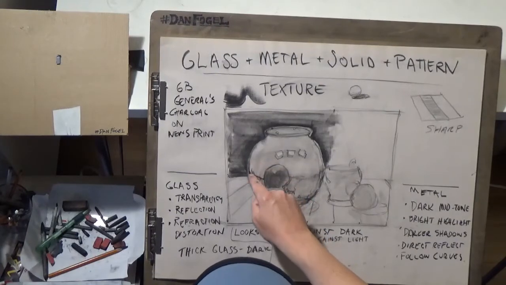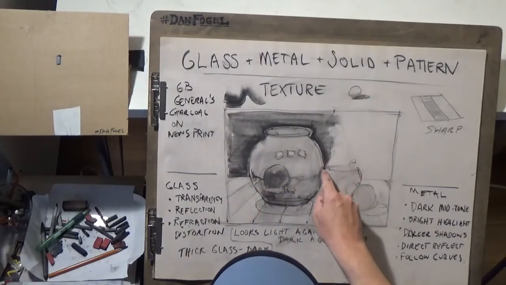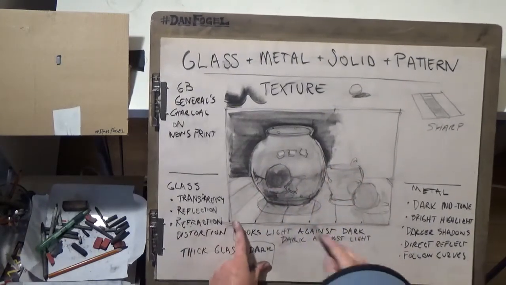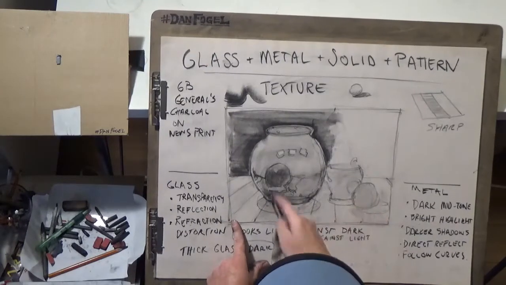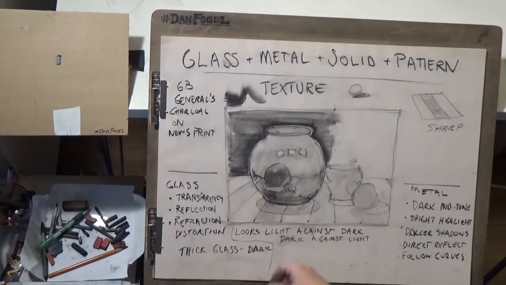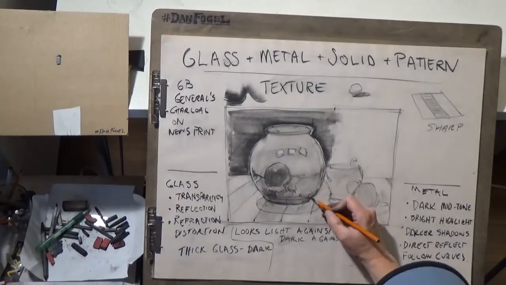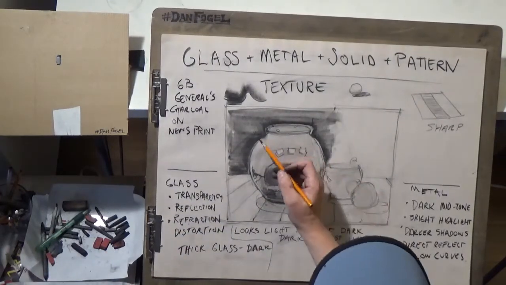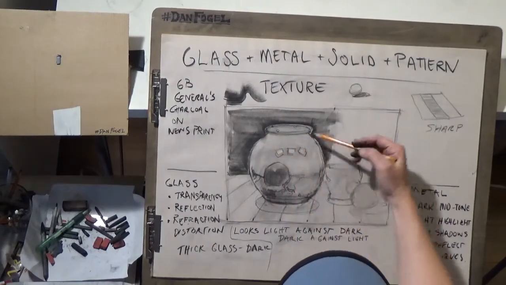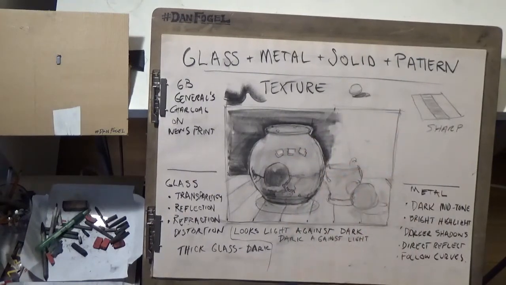Okay, other things I have to do with glass is I'm going to be swiping the edges of it frequently with my eraser or my blending stick or even my charcoal. What's going on out there in my estimation is that there's just a lot of little skinny shapes that are hard for the eyes to depict and record.